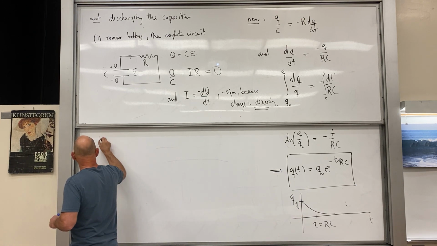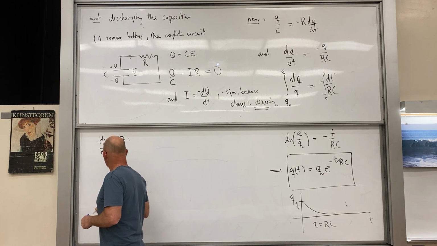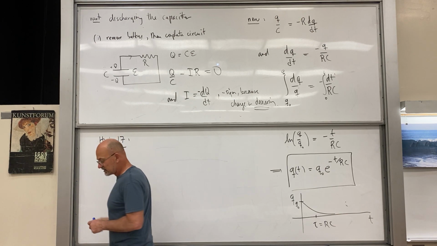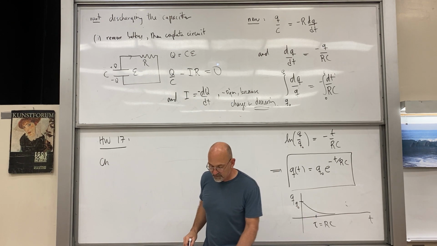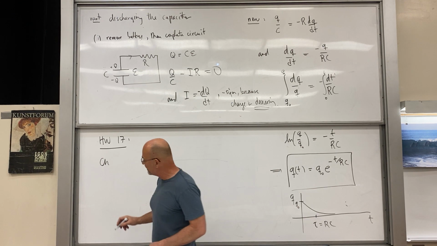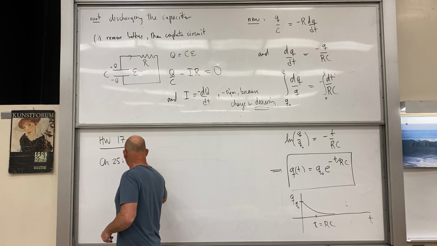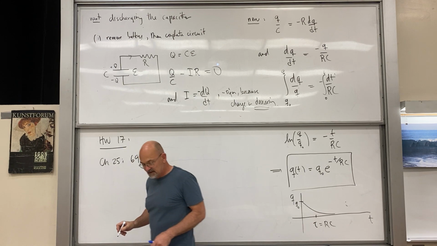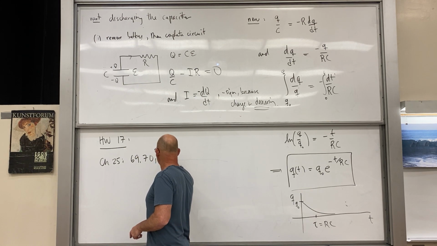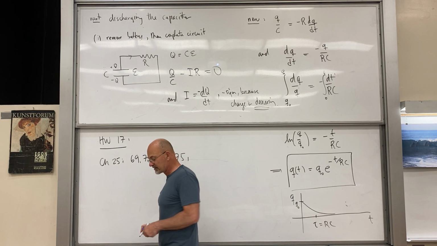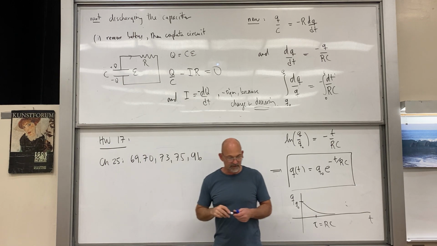So homework 17. Let's see here, chapter 25. Problems 69, 70, 73, 75, and what do I have here? 96. Better have a look at the book, see what that's all about.